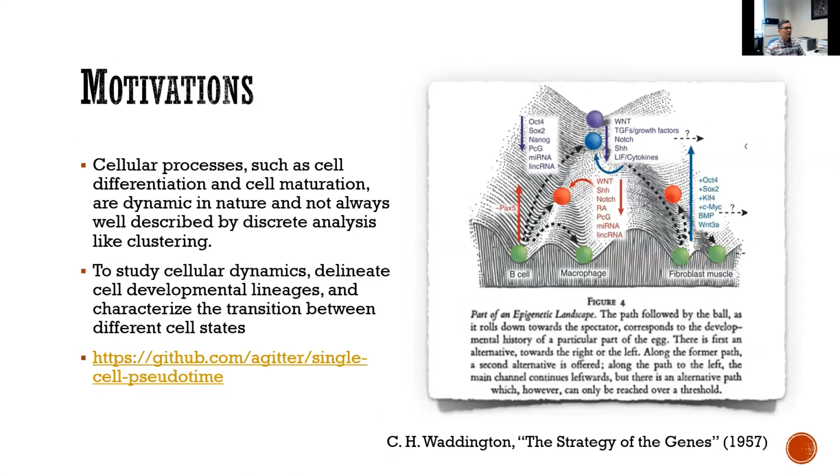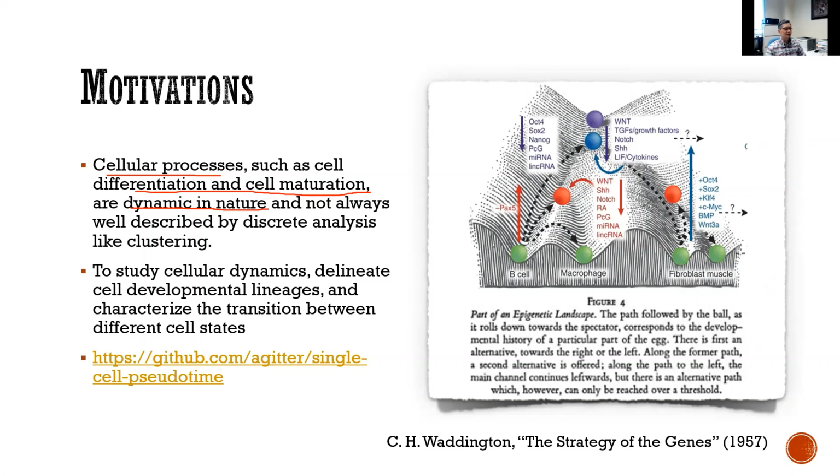Going back to motivation, why we are interested in cell development. The cellular process, cell differentiation and maturation, is a dynamic system that nature does not always describe for us.